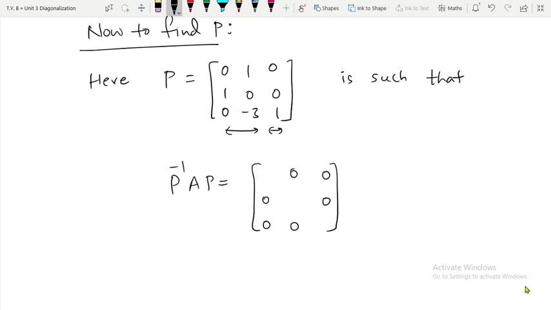Since the first two eigenvectors correspond to eigenvalue 0, first I should write 0 0, and at last you have the eigenvector corresponding to eigenvalue 1. So over here I should write eigenvalue 1. So diagonally you are having eigenvalues only, but the order of the eigenvalues depends on the order of the eigenvectors.